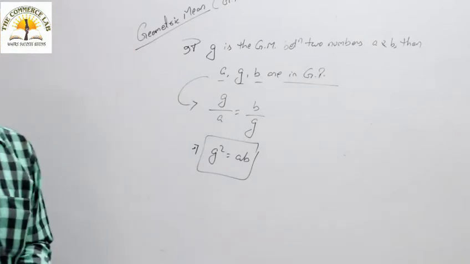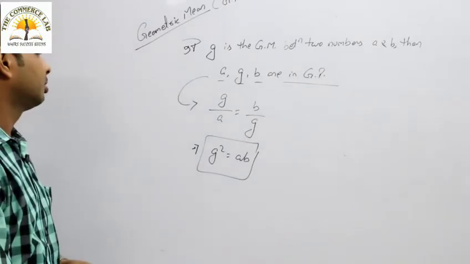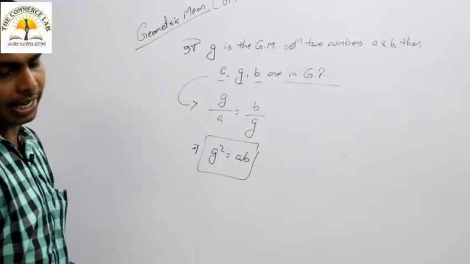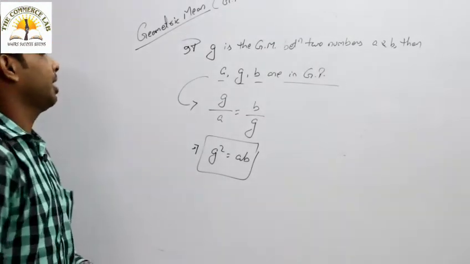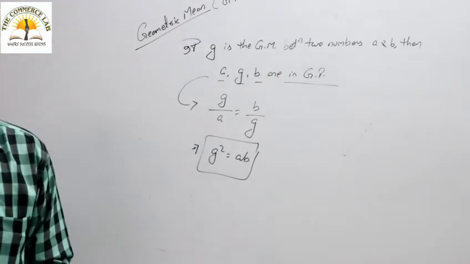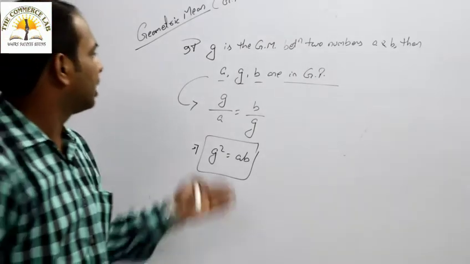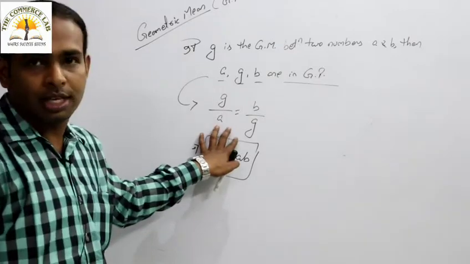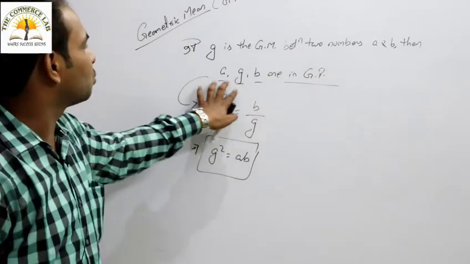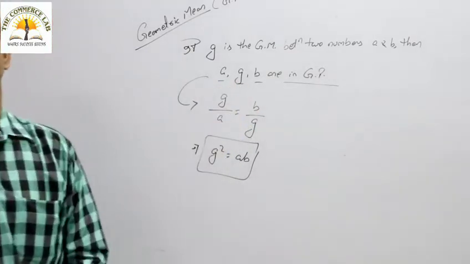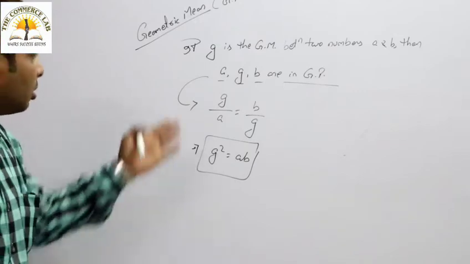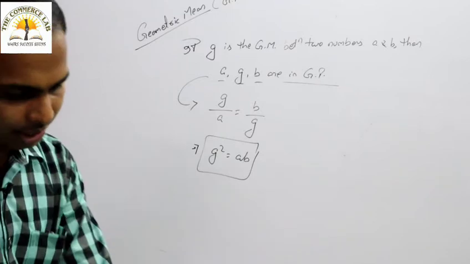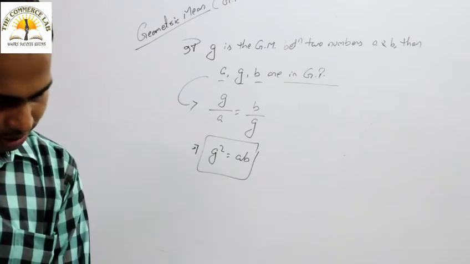If G is the geometric mean between two numbers A and B, then A, G, B are in GP, and G square is equal to AB. Fine. Then let's come to some examples.